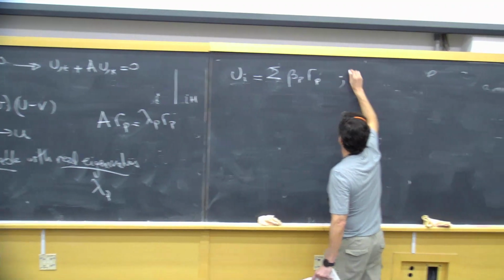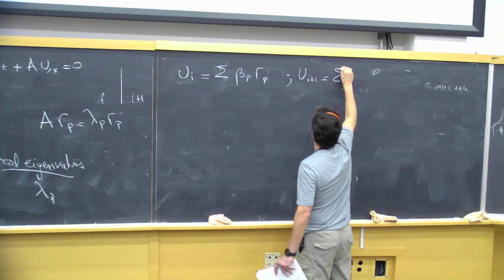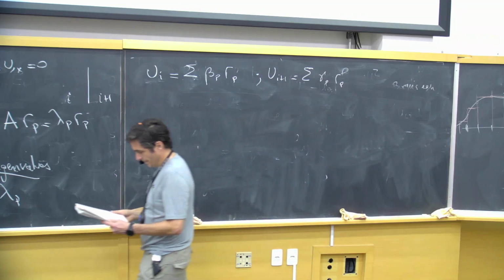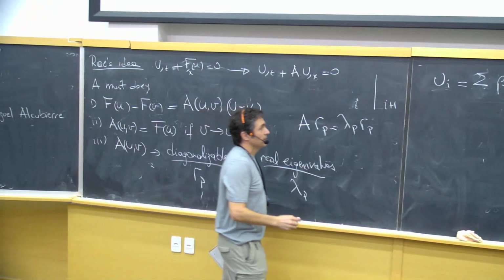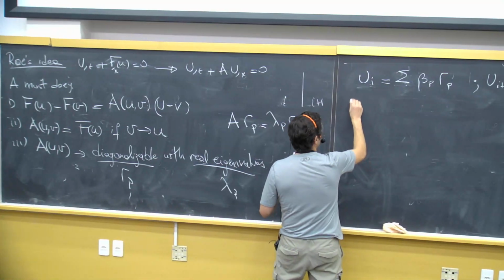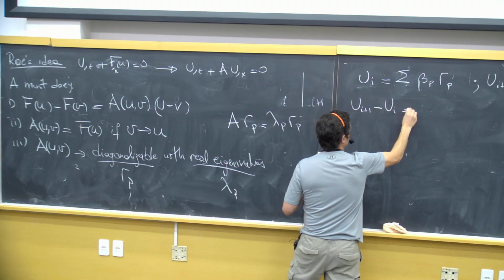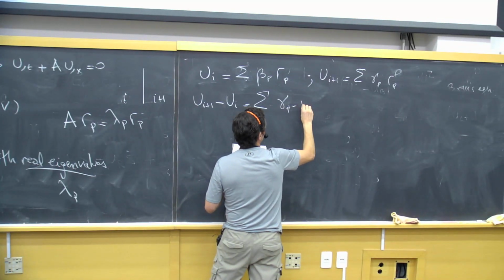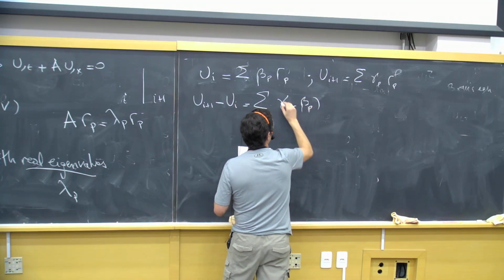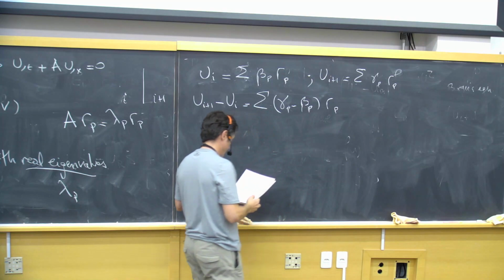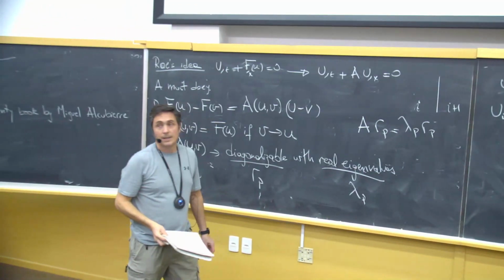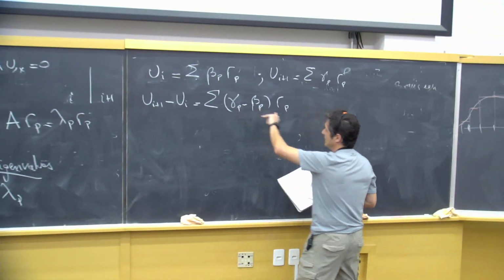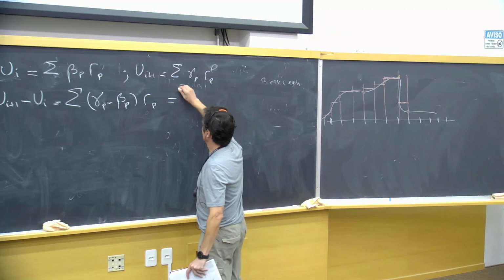And let's say, similarly, U at I plus 1 is the sum of gamma_p R_p. Now, let's take the following operation: U_{i+1} minus U_i, which is simply the sum of (gamma_p minus beta_p) R_p. Because it will come in handy, let's give the difference between gamma and beta a new name.